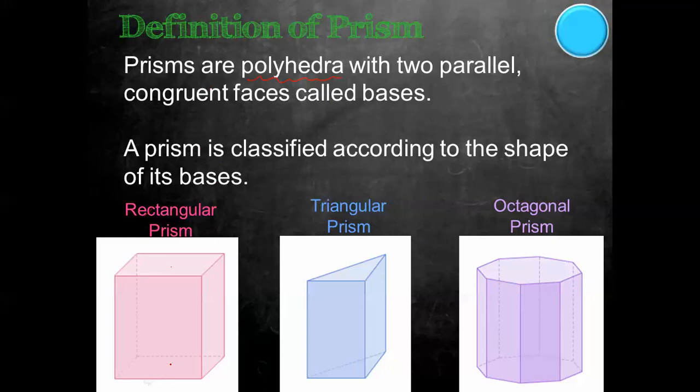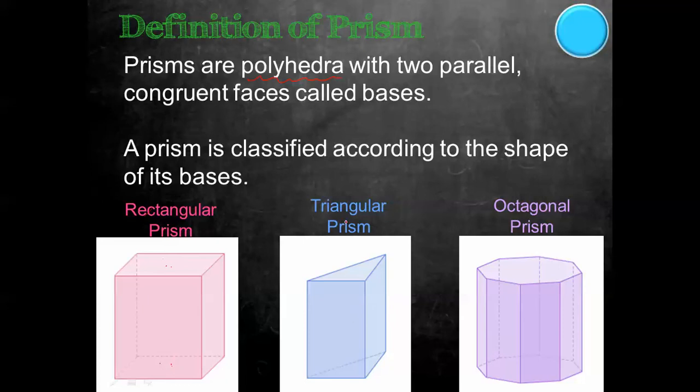So here, our bases are rectangles, so this is a rectangular prism. The bases are the two parallel congruent faces. These two faces are parallel, going in the same direction, so we would call those the bases.